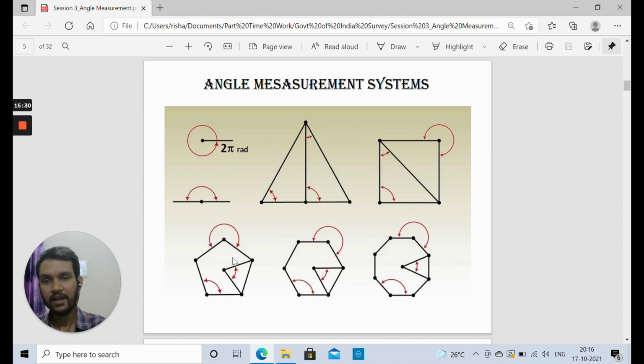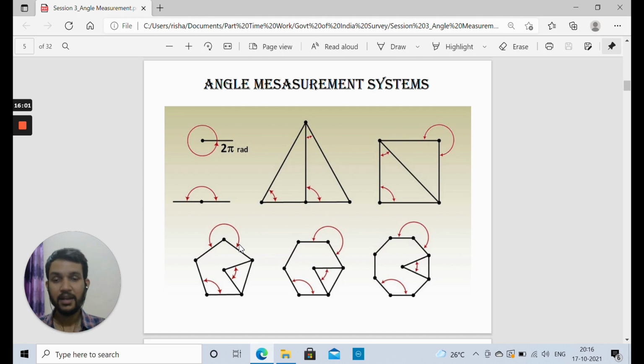Similarly, the top angle shown in the regular pentagon, since we know this inner angle is equal to 108 degree and the total summation of angle at any particular point should be equal to 360 degree, from the entire 360 we will subtract 108 degree. So the angle we will get will be 252 degree, that outer angle. Now we can multiply it by 2 pi by 360 to get its value in pi.